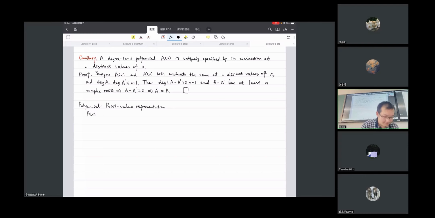If you have a polynomial A, where the degree of A is at most n-1, you can represent A by a group of points x0, y0 until x(n-1), y(n-1), where A(xi) equals yi for any i belonging to 0, 1, until n-1. And similarly for B(x), you can store this as x0, z0 until x(n-1), z(n-1).